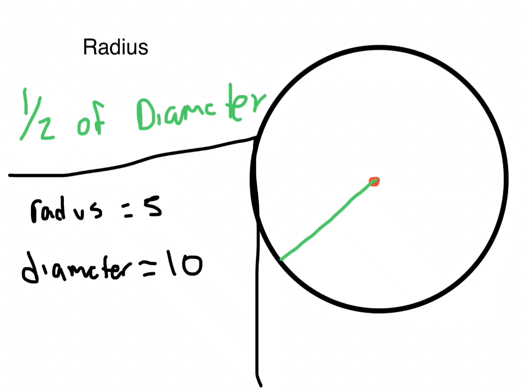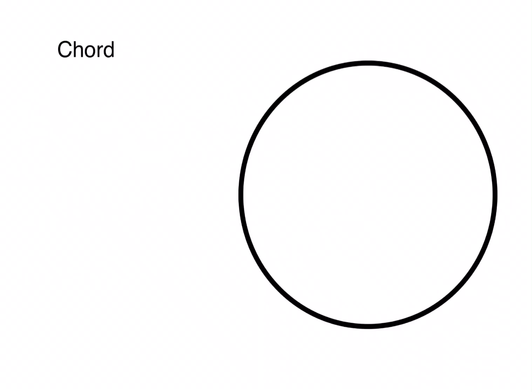So, moving on. The next word that we have to go over is a chord. Okay? A chord looks something like this. Let me change the color of it. We'll go with red. So a chord goes from one side of the circle to the next.